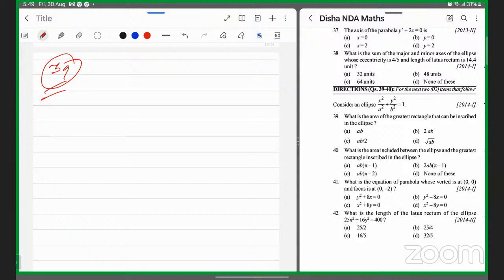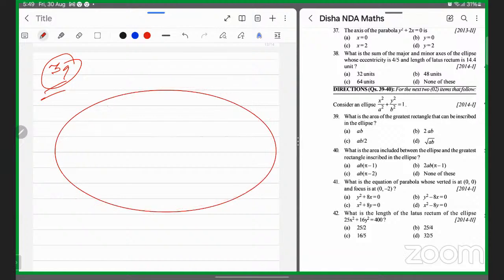Solve this. Area of the greatest rectangle that can be inscribed. So I will take a rectangle here.